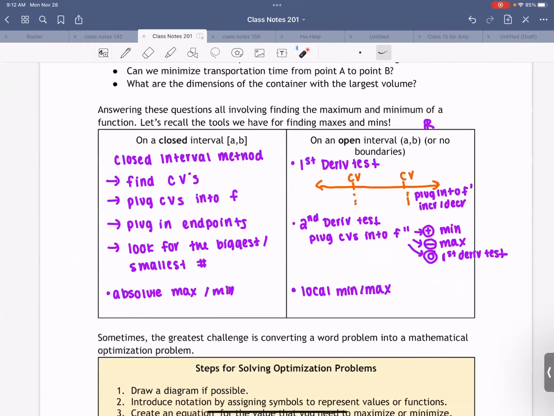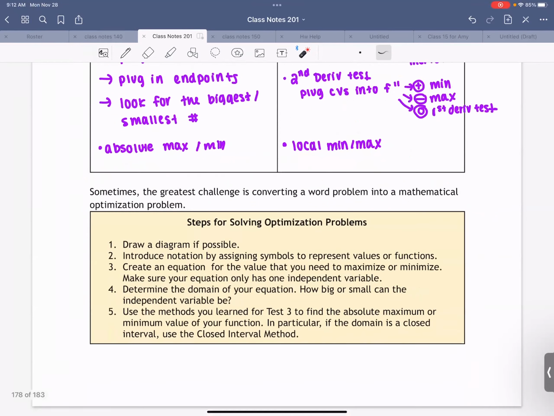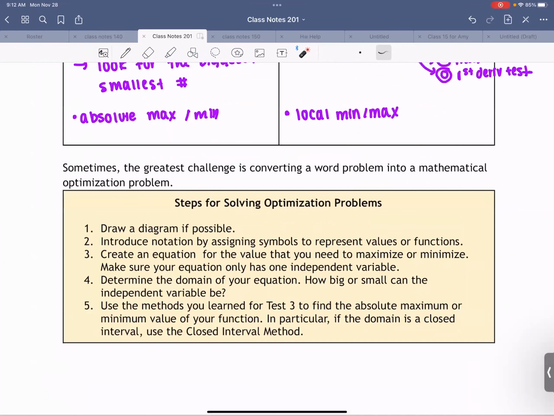Okay, now I would say the hardest part about these optimization questions is going about it in a systematic way, which is why I have steps for this. So when we have a word problem, first thing you're going to do is just draw a diagram, right? Usually that helps us. Make sure that we have notation, know what the symbols mean when we write out our questions.